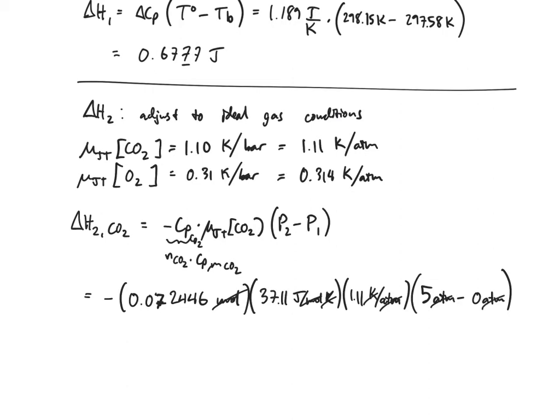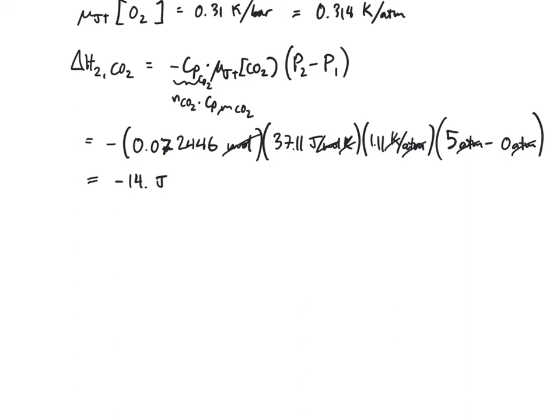The atmospheres cancel out, and I'm left with joules. So when I plug all these numbers in, I get negative 14 joules. And I can probably put my sig fig right there in that spot, in the 10th place.